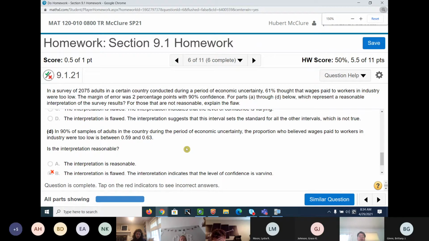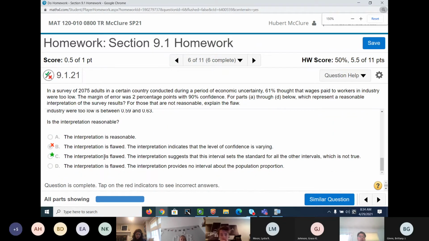Why is that not reasonable? No, it is reasonable because 61 is between 59 and 63. Interpretation is flawed. Oh, I see what they're saying.